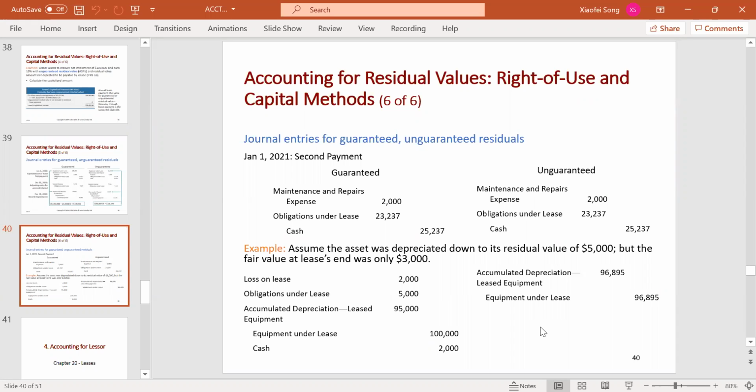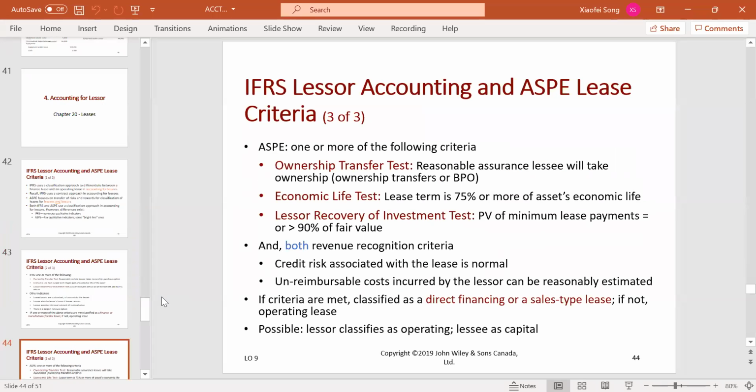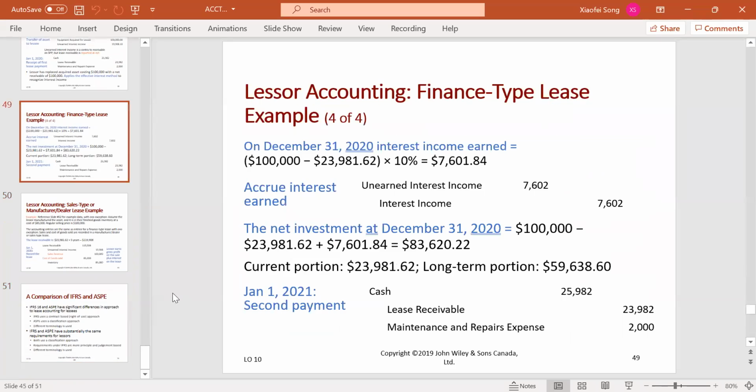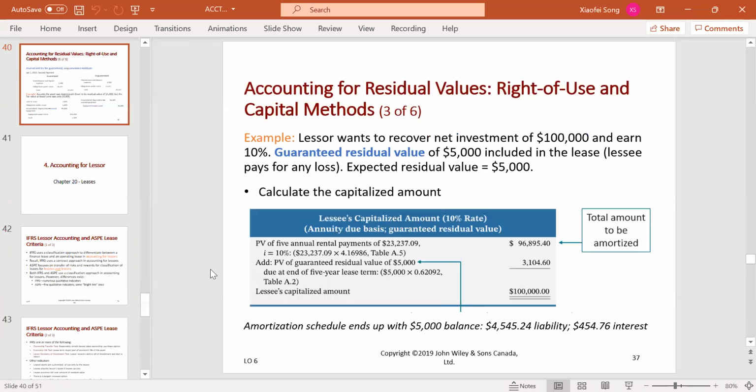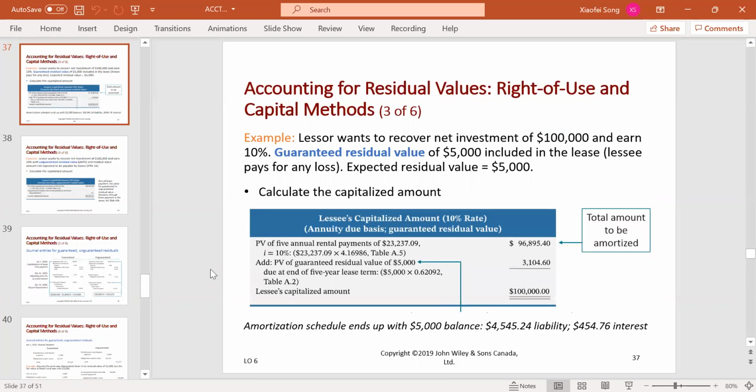So that's about that. I have one more class, so I'll leave lessor accounting for leases for next class. I will show you the amortization table.